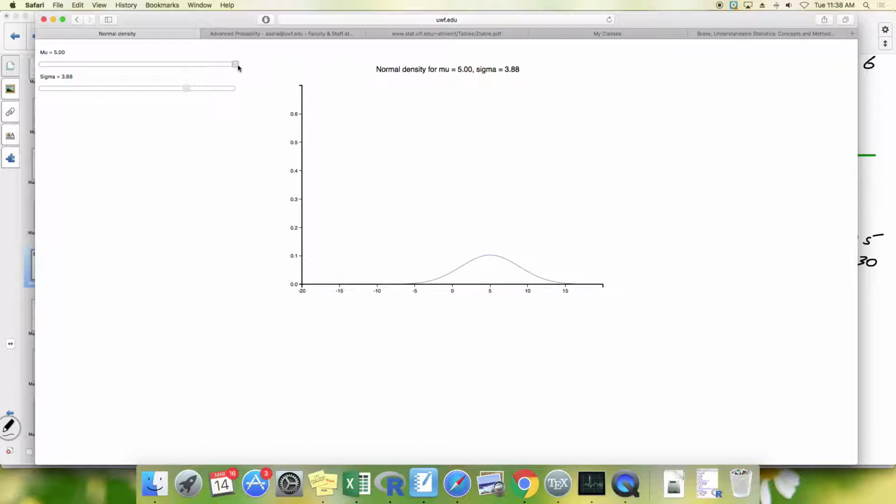But suppose you keep mu fixed at something. Actually, let's keep it fixed at 0, for example. Then if you decrease sigma, make sigma smaller, it becomes skinny. If you increase sigma, it becomes flat. So small standard deviation, skinny and tall, large standard deviation, short and flat.